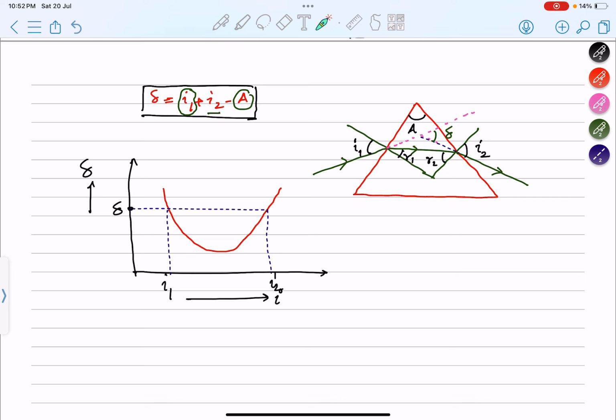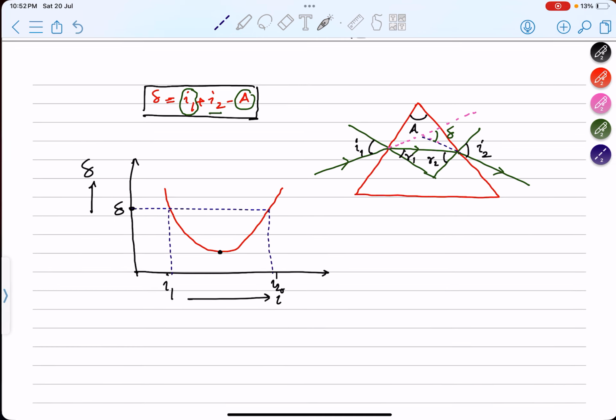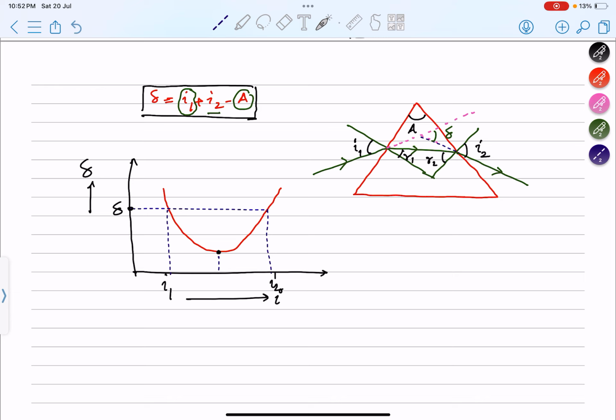Okay, but at this point, we can see that for this particular point only, the values of I1 and I2 become the same.